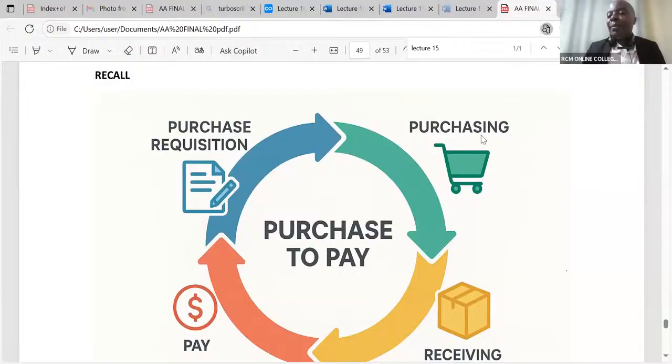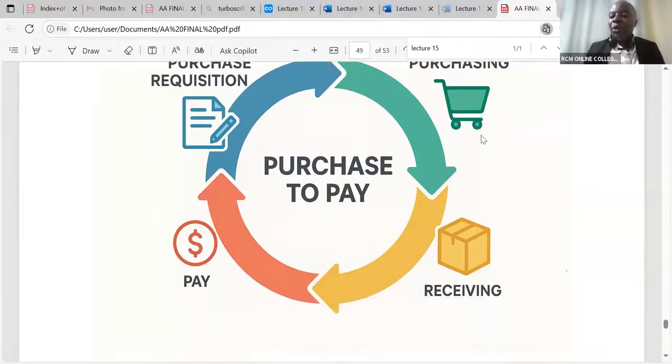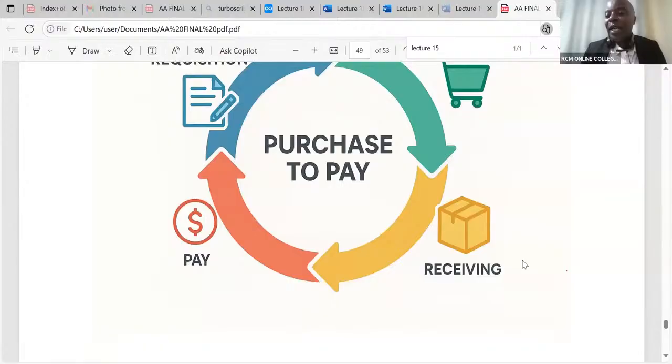Once this supplier gets a purchase order, they'll be able to bring goods. As they bring goods, the warehouse master should be armed with what we call a goods received note, which should also be pre-numbered sequentially.